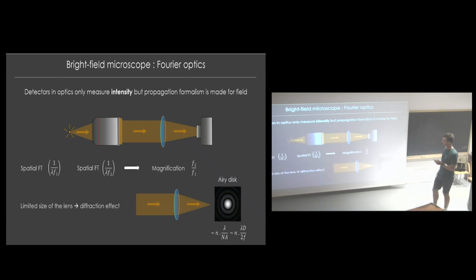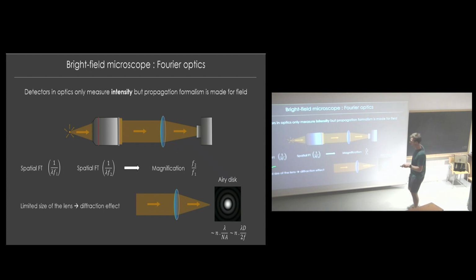And all in all, if you do the math, basically you do two spatial Fourier transforms, and you obtain simply a magnified image with the magnification factor, which is related to the ratio of the two focal lengths. So simply you can interpret your microscope as a magnifier with these two parameters.